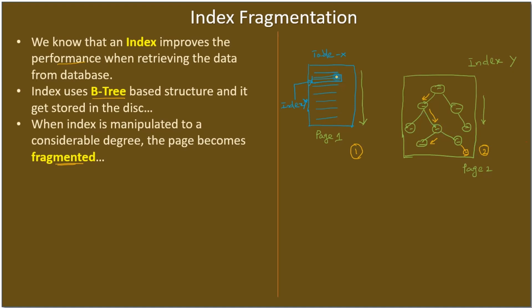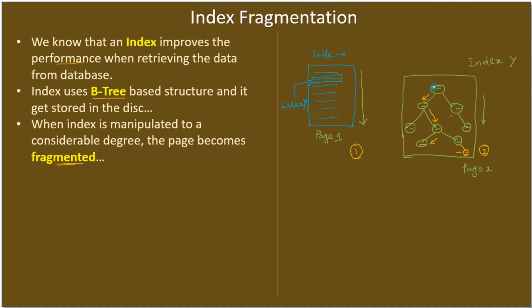So when you update, and if the update makes changes to this specific indexed column, so this is B-tree based structure, right? There will be a possibility that the node will go and sit at some other location. The same way, when you delete the content, the page will shrink, and when you start adding the content, the page may grow.